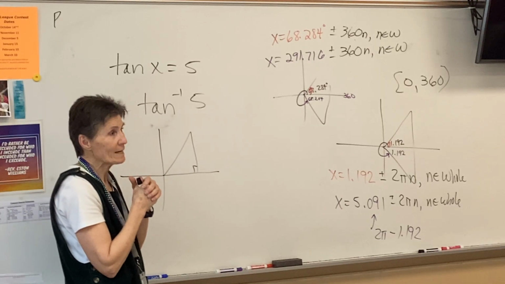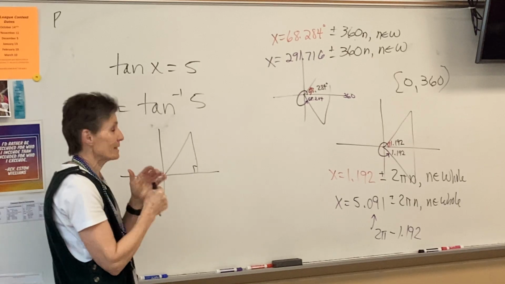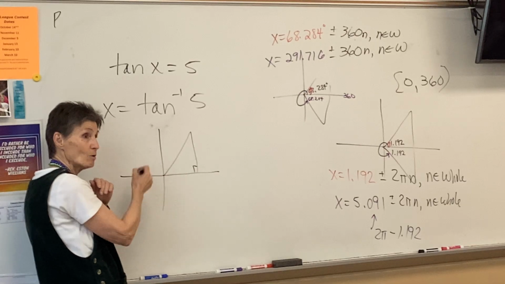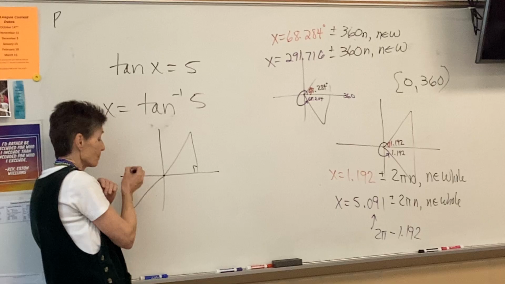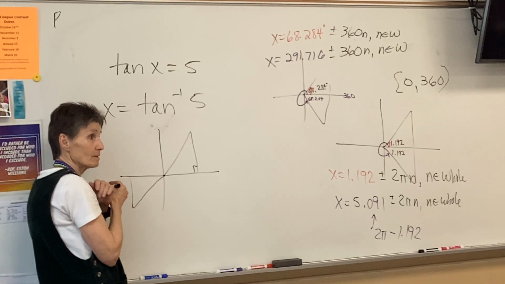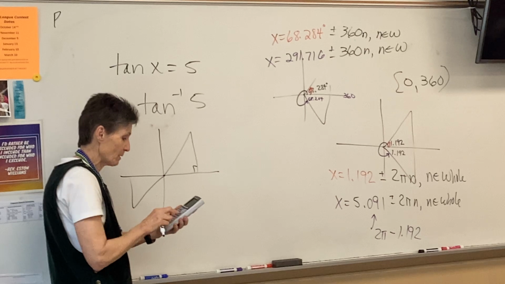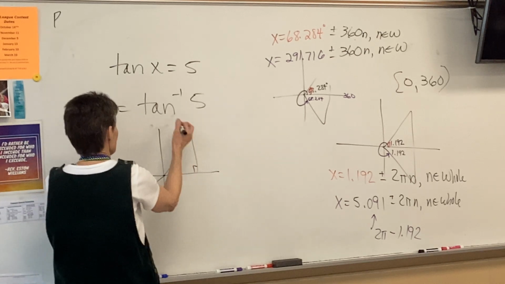Quadrant 3. You're right. Why is it positive in 3? Because tangent is opposite over adjacent, y over x, and they're both negative down here. Right? So I am set in degrees currently, so I'm going to second tangent 5, and I got 78.69.